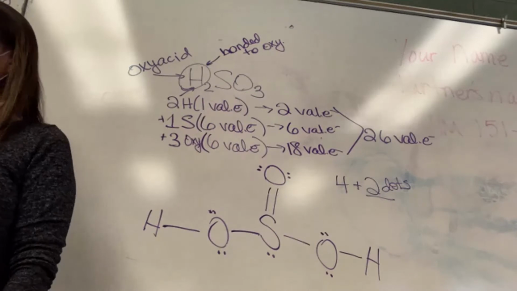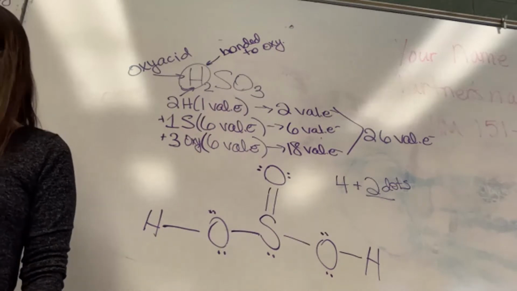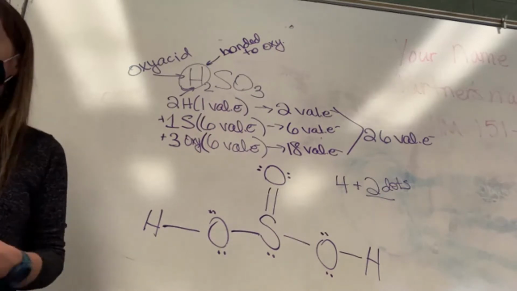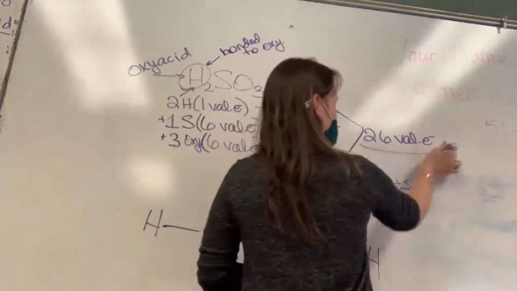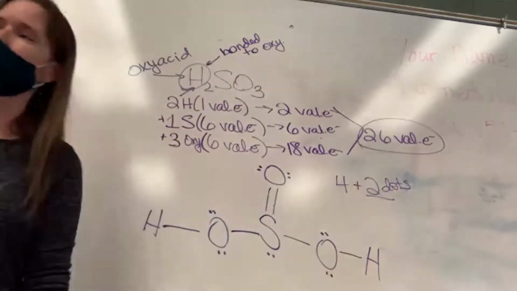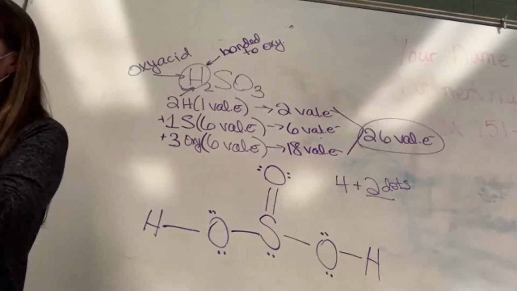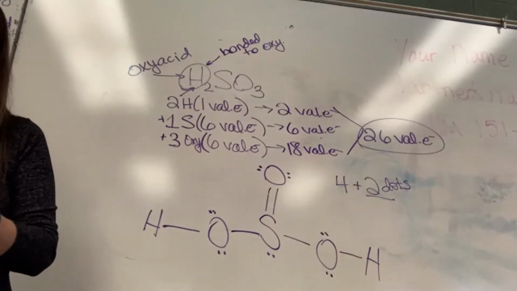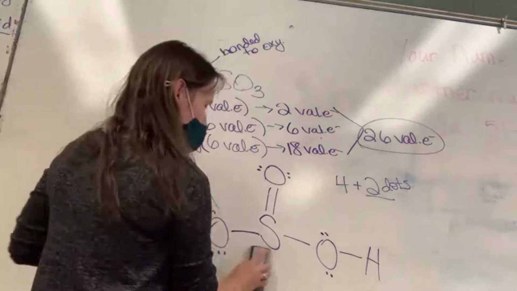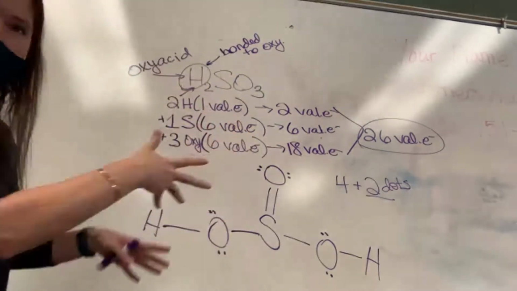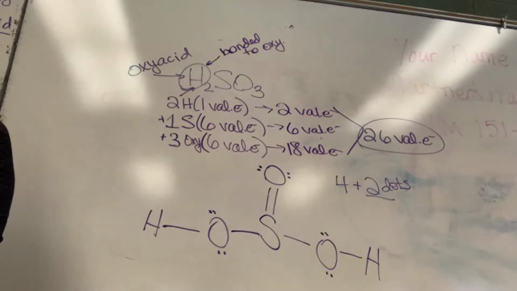Okay. Option number 2, which you might like better. How many electrons can I draw? I can only draw 26 electrons. Okay. So option number 2, instead of going by the rule for the middle atom, is when you're done with all the outer atoms and all the bonds, you see what you have.